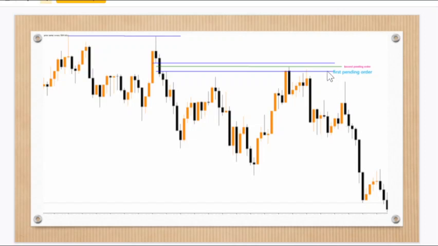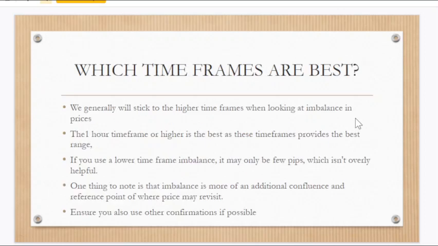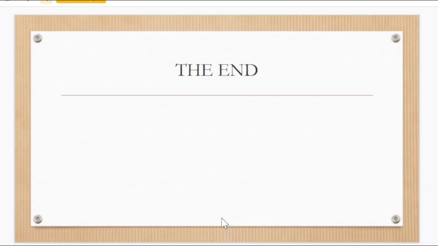But sometimes you might draw a trend line from here, and you find that it touches that point, which will be a retest on the trend line. So it's a confirmation of going down. And again, you find that your trend line also touches there. That would be a confirmation that the market is still going down. So that's the thing. Ensure you also use other confirmations if possible. I've already explained that.